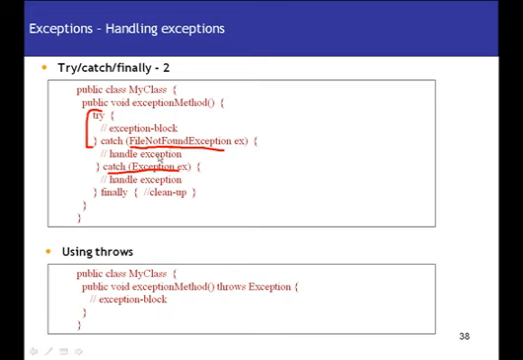So this means that I can give any number of catch blocks right after the try block, but there is one rule. I should always catch the subclass exceptions first. FileNotFoundException is a subclass of the Exception class, right?